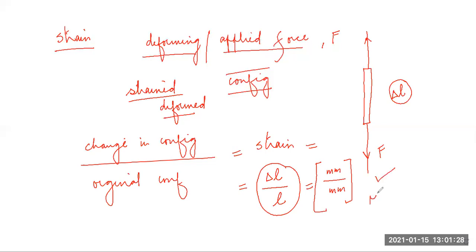Its dimensions are M^0 L^0 T^0 in terms of basic dimensions. Now, students, what are the types of strains? Particular stress gives rise to particular strain in the body.